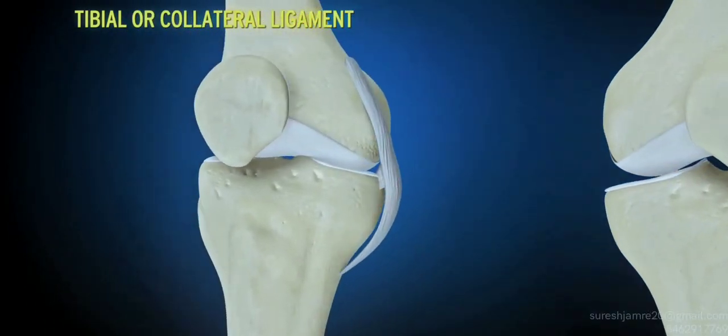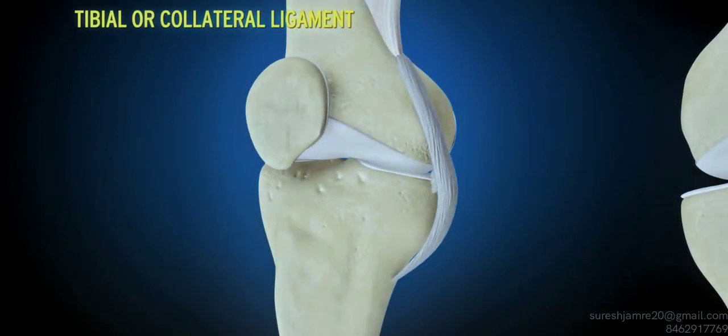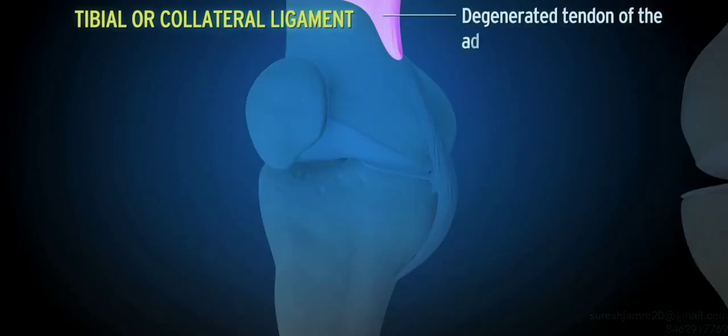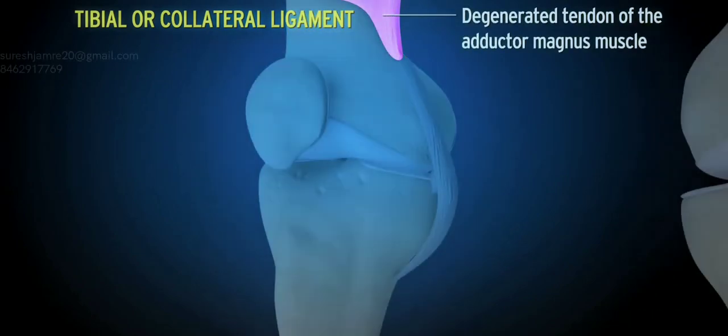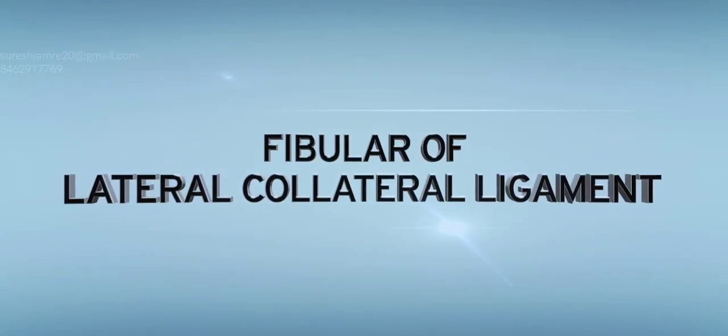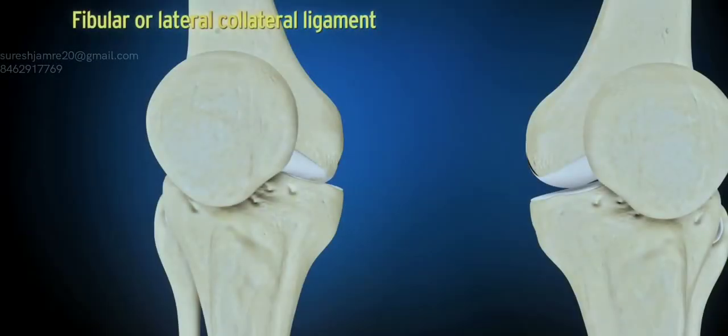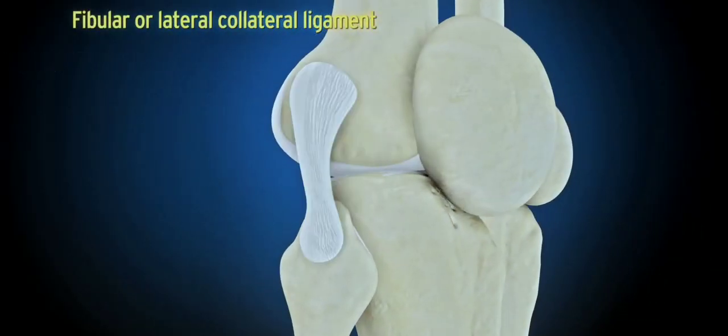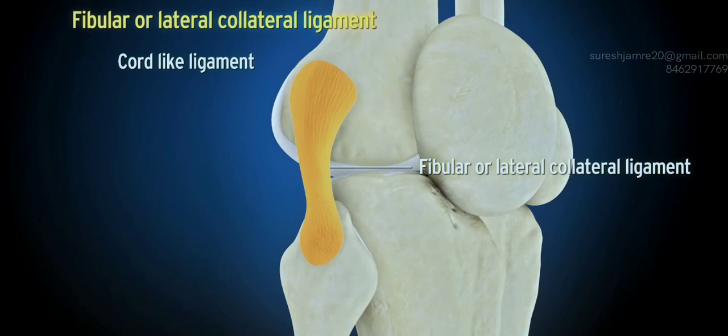Morphologically, tibial collateral ligament represents the degenerated tendon of the adductor magnus muscle. Fibular or lateral collateral ligament. It is a cord-like ligament.